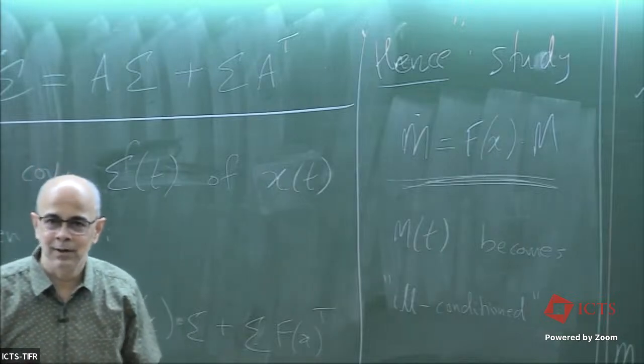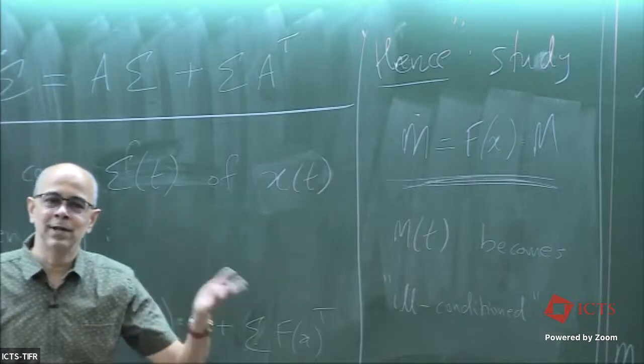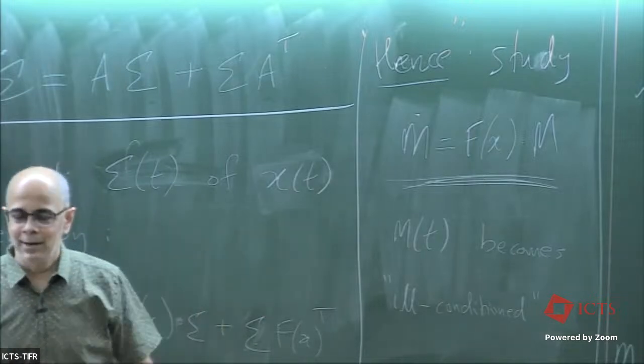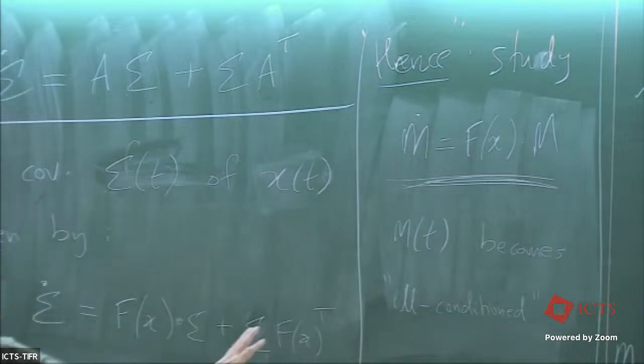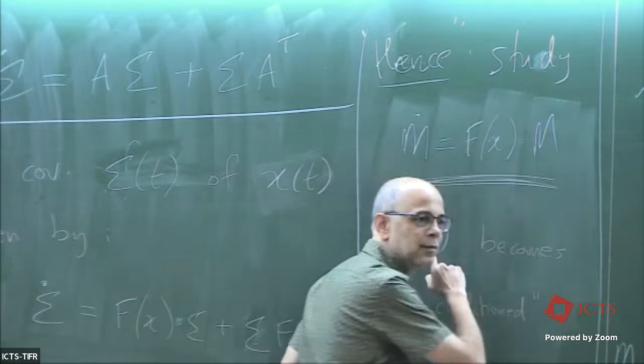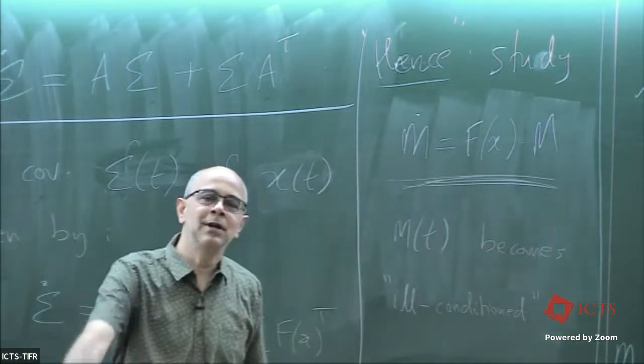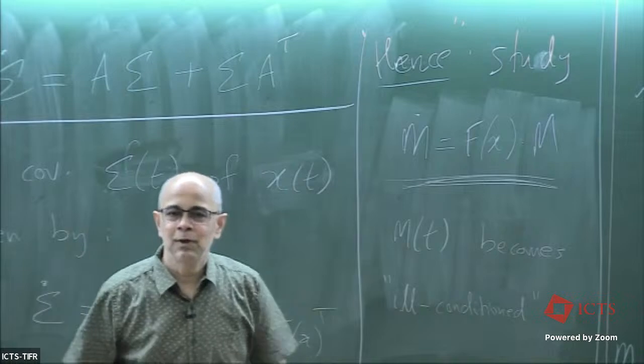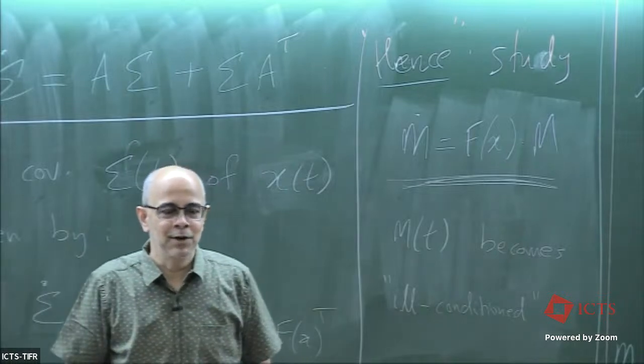Or for example, the ratio of the highest and the lowest eigenvalue becomes very large, and so on. There are multiple ways to define ill-conditioning. But effectively, what this leads to is loss of numerical accuracy in time evolving this kind of system. Because the matrix becomes ill-conditioned, eventually it becomes completely useless to time evolve it forward in time.